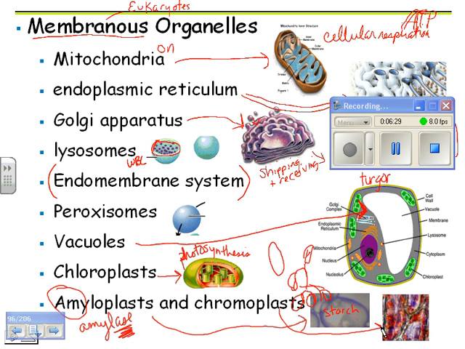Chromoplast, chroma for color, I think. These are red in this particular picture, so the chromoplasts are individual little organelles that are red. So they're like chloroplasts or amyloplasts, but their color is red. They have red pigments, or actually they can be any color, not green, but kind of the prettier colors. This stuff is responsible for making fruit colored.